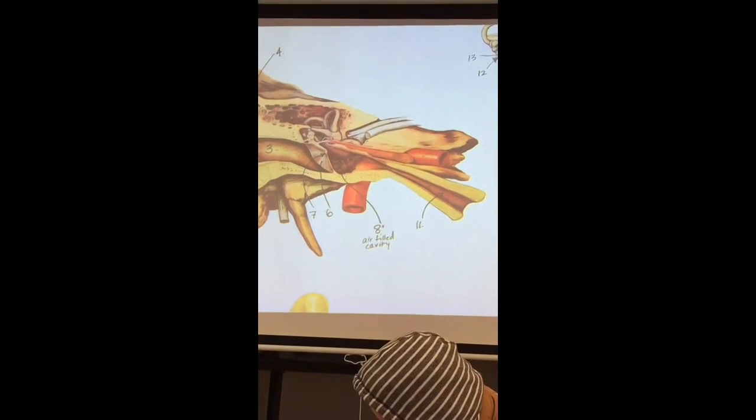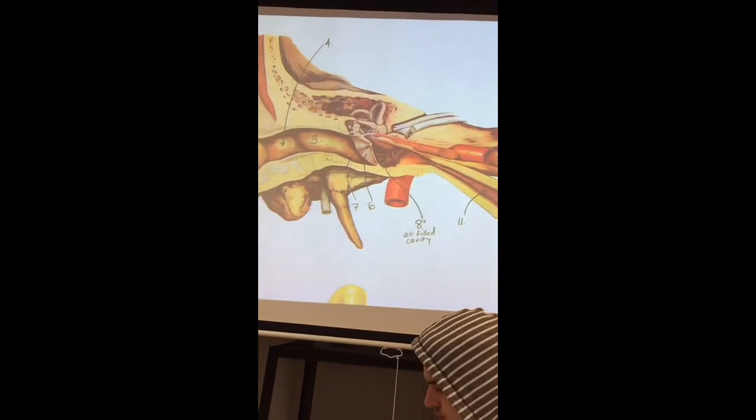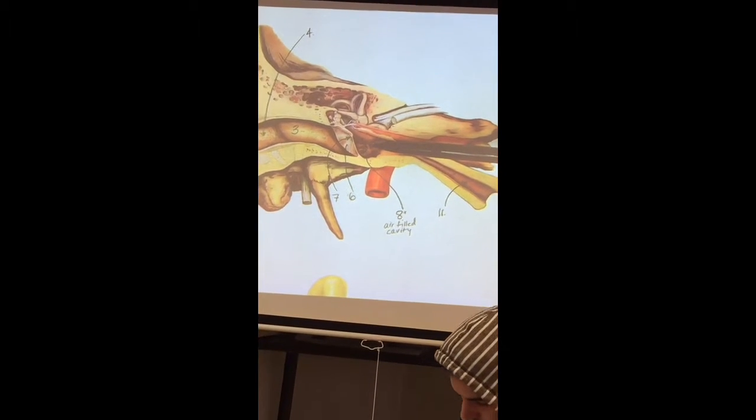The function of our eustachian tube or auditory tube is to equilibrate air pressure in the tympanic cavity. Or you could say equilibrate air pressure in the middle ear.